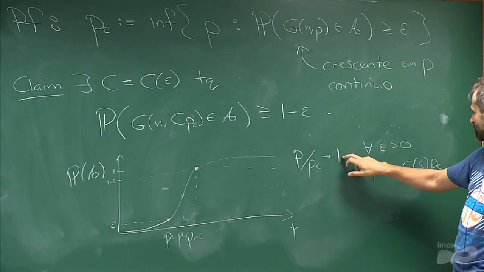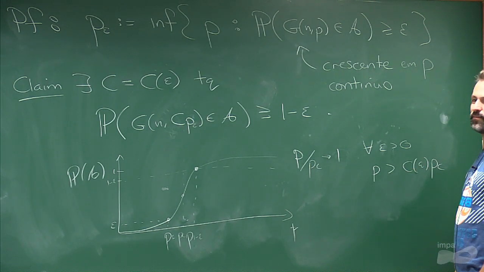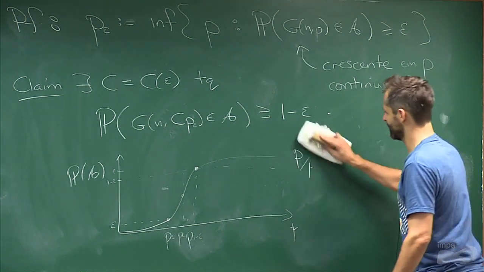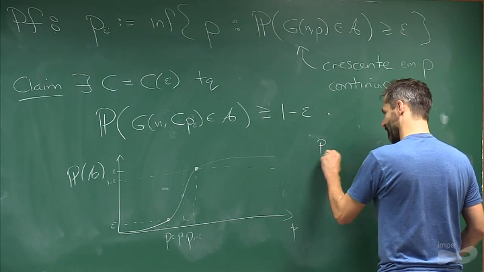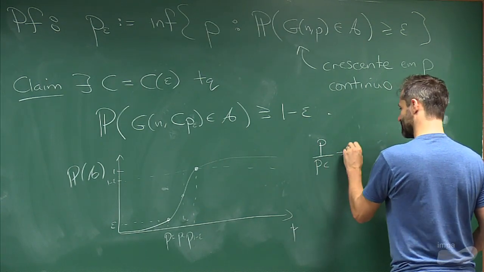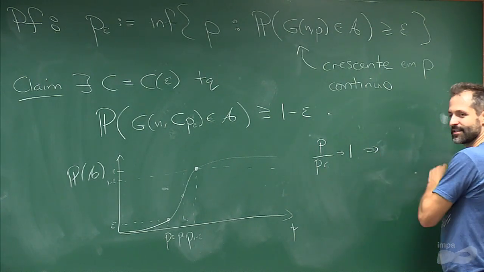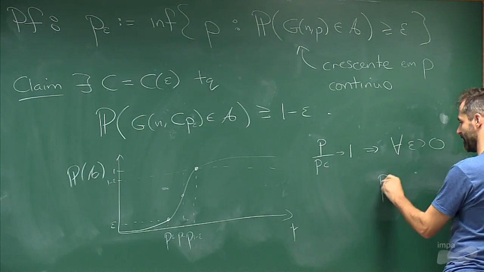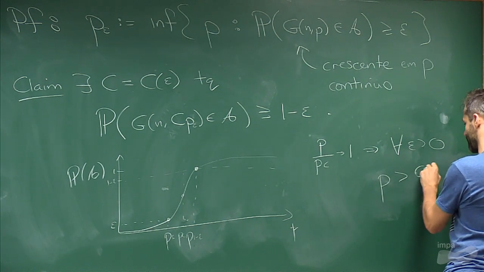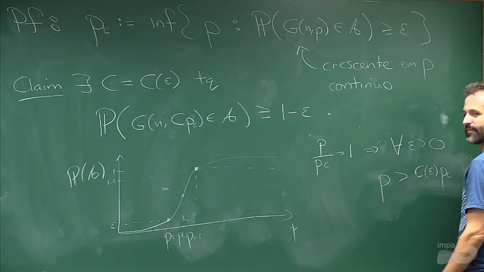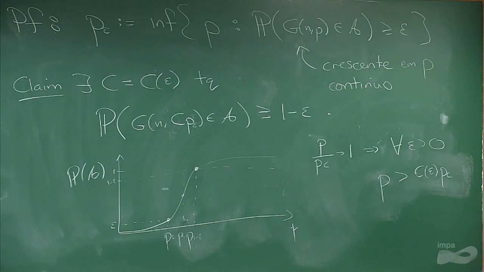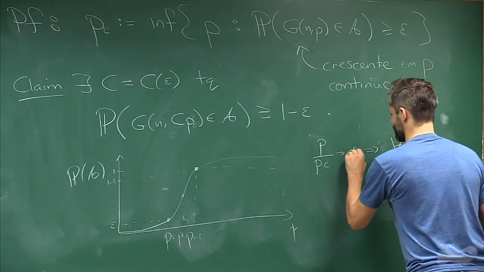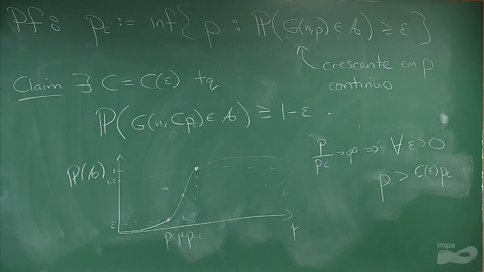Going to 1, sorry, now. So p over PC goes to 1 implies that for all epsilon, p is greater than C of epsilon times PC. Right? Because it goes to infinity. Yeah, thank you.